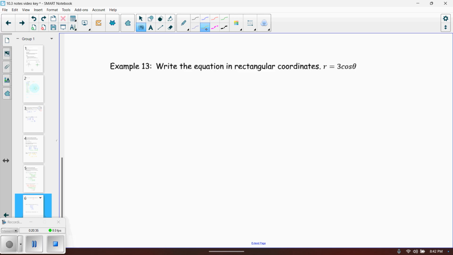We can multiply both sides by r, which is going to give me the equation r squared equals 3r cosine theta. Now this is going to be a real easy transformation because r squared, we should know, is x squared plus y squared. And r cosine theta right here is x.